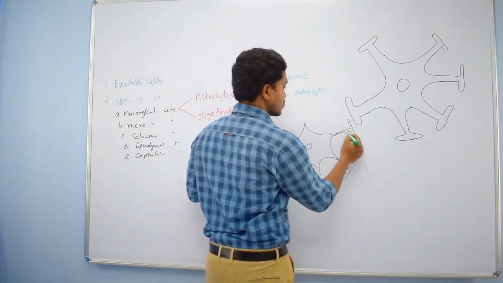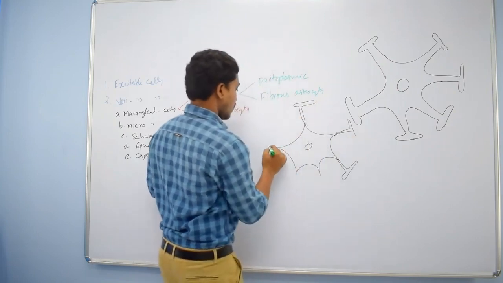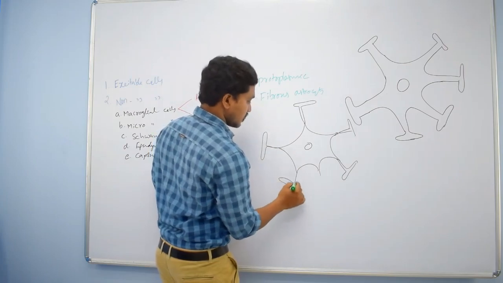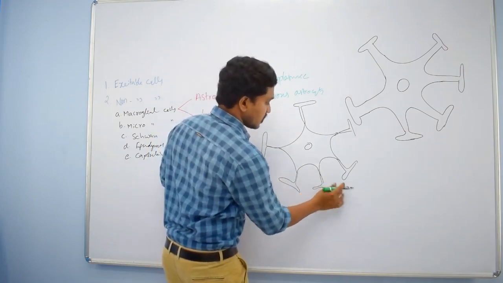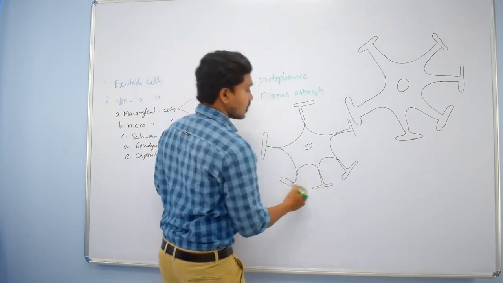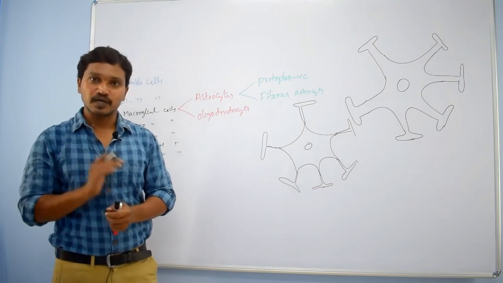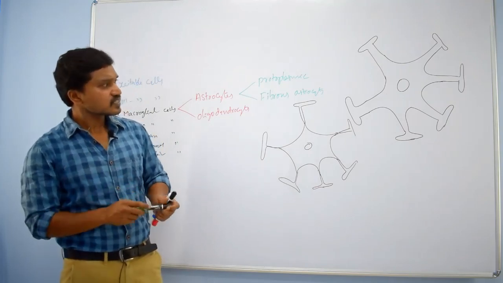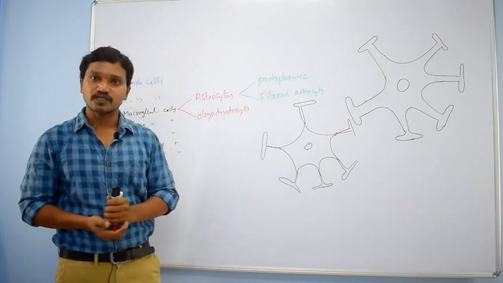These processes are asymmetrical and thin. Protoplasmic astrocytes are present in the grey matter and fibrous astrocytes are present in the white matter. Right? So, this is the structure of protoplasmic and fibrous astrocytes.